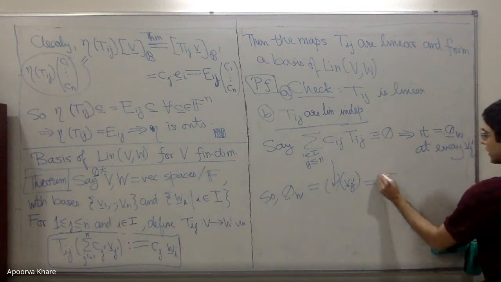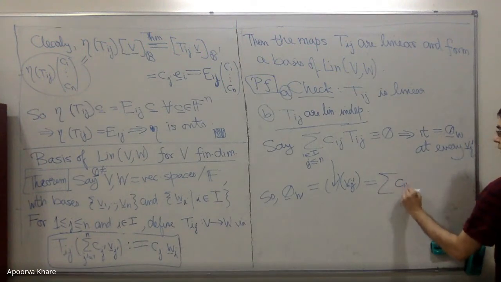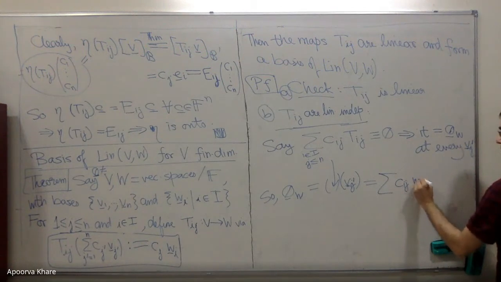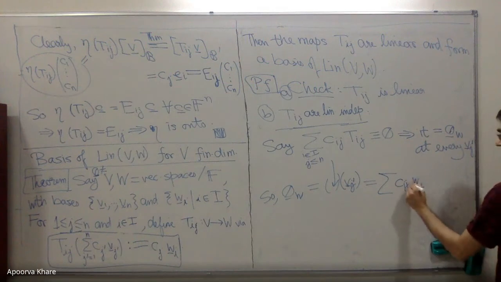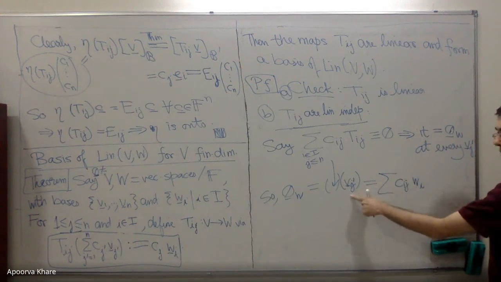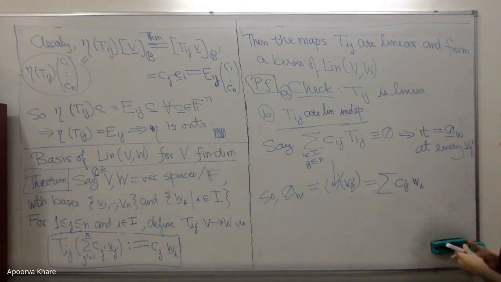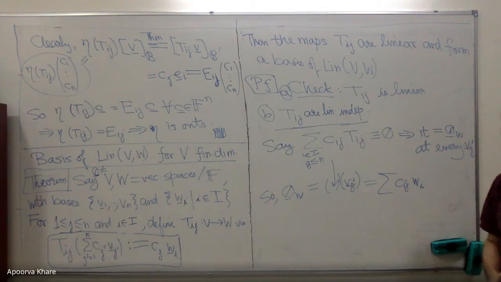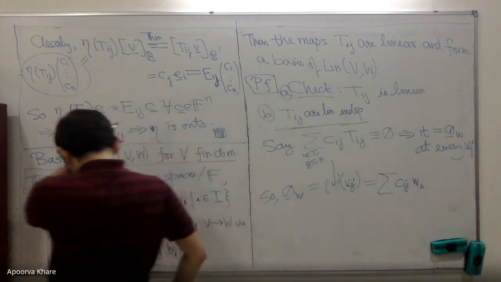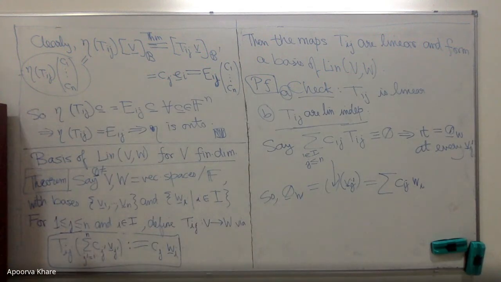So you get summation Cij, or Vj prime, right? Let's do this quickly.